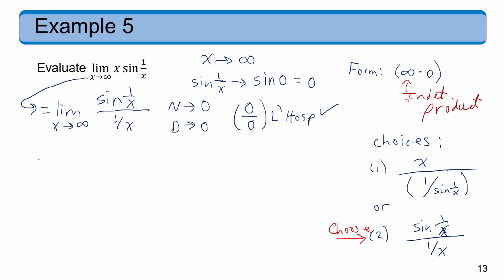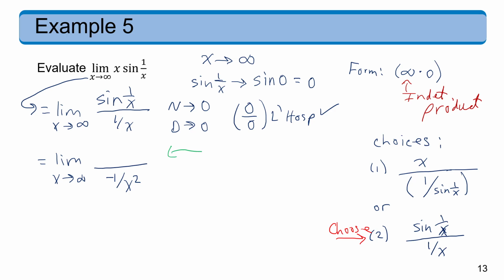So now using L'Hopital, we have a new limit. In the denominator, we want the derivative of 1 over x. Now we just saw that on the last example, right? We rewrote 1 over x as x to the negative 1 and applied the power rule. Simplified it, we got negative 1 over x squared. Now the numerator is going to require a little side work.